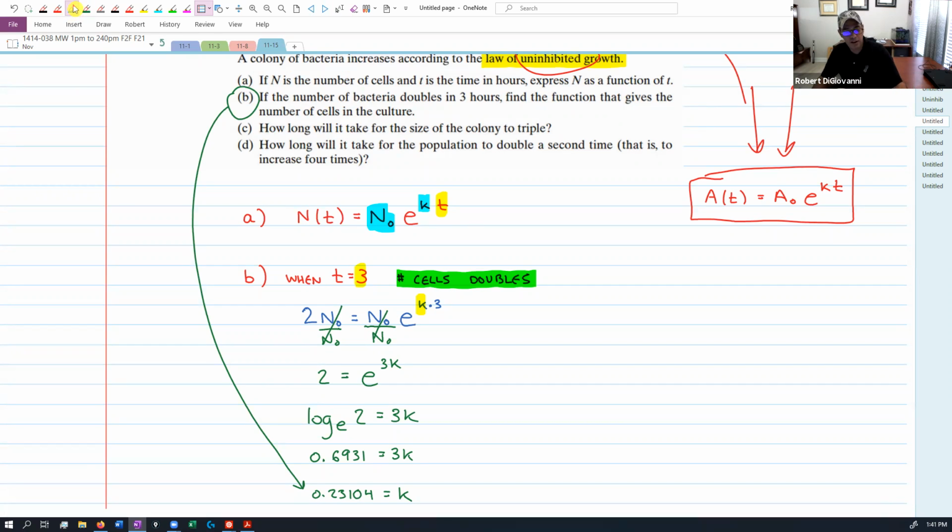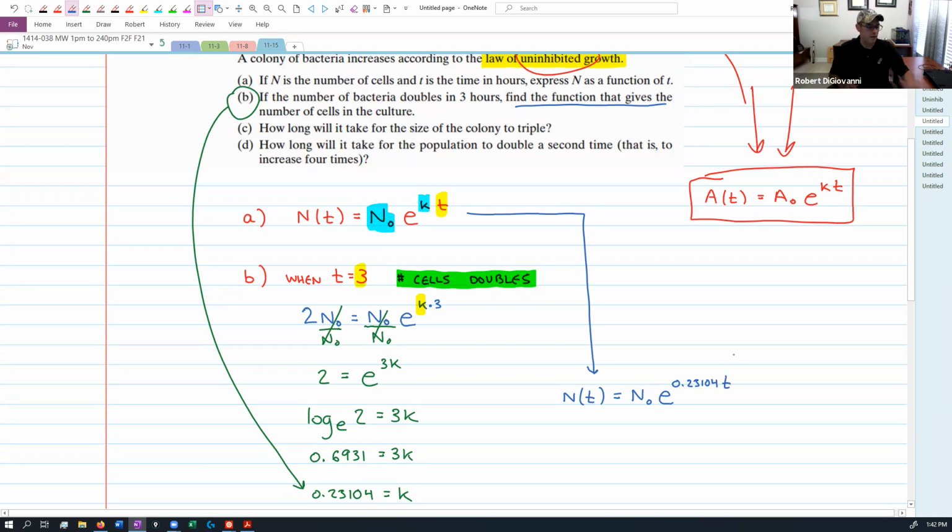So that means we're trying to come up with the function that gives the number of cells. We already knew the function had to look like this, but now we know what k is. So N of t equals whatever the initial amount is, e to the 0.23104 t. This is now our formula.